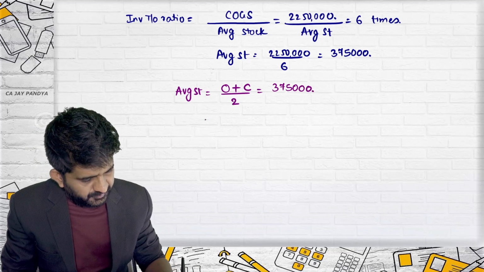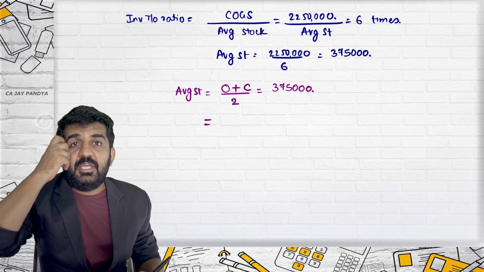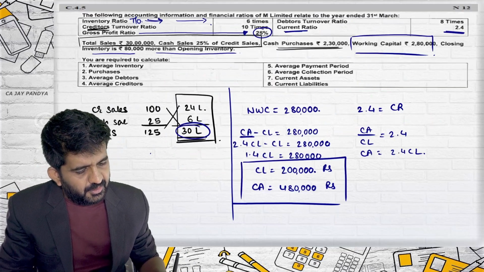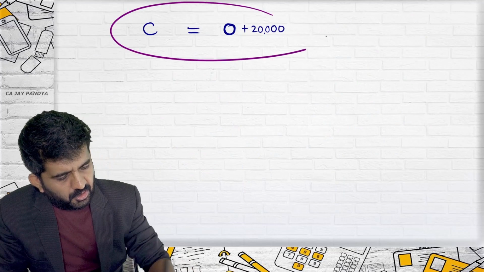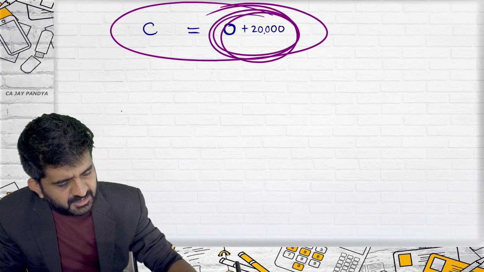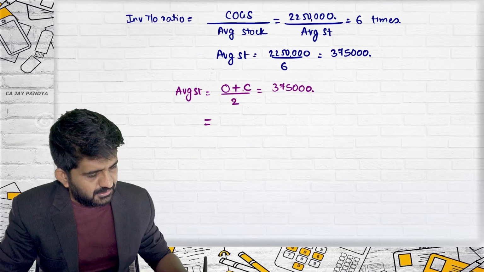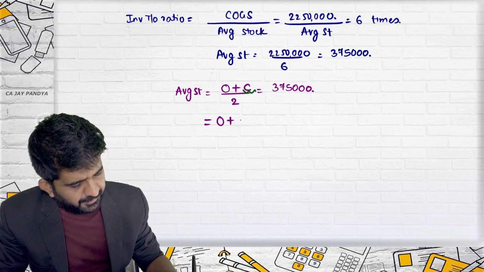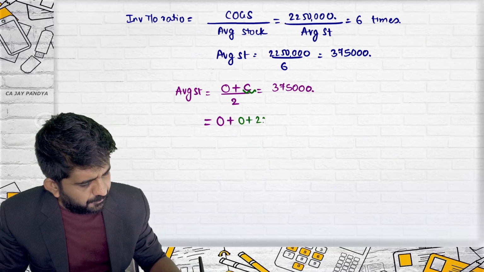Yes. Now, instead of closing stock, can I write opening plus 20,000? Yes. So instead of closing stock, I am writing opening plus 20,000.